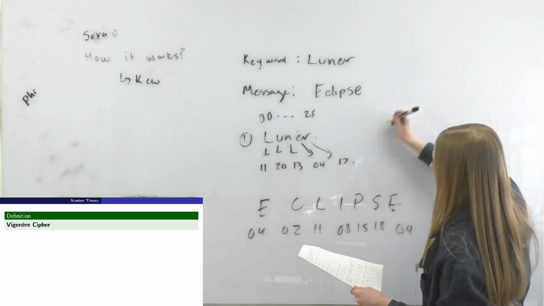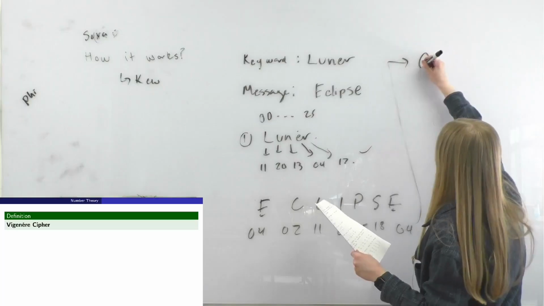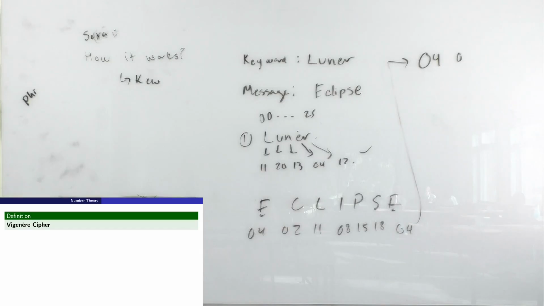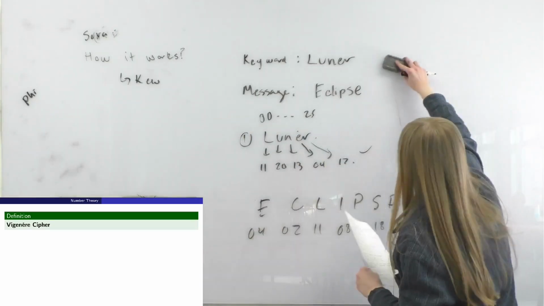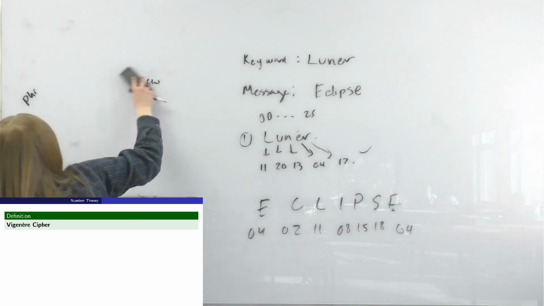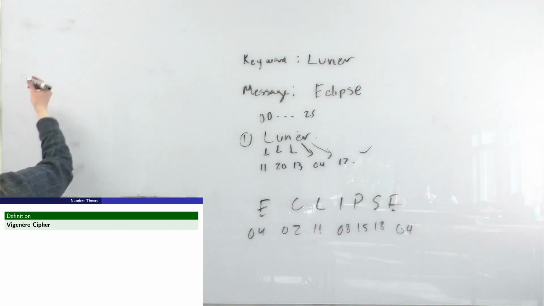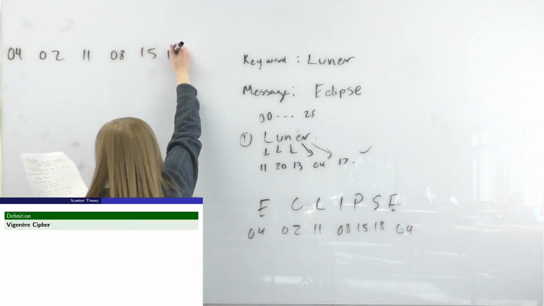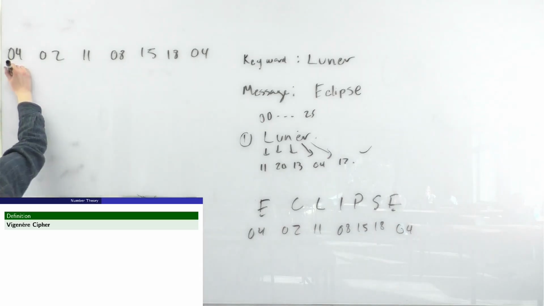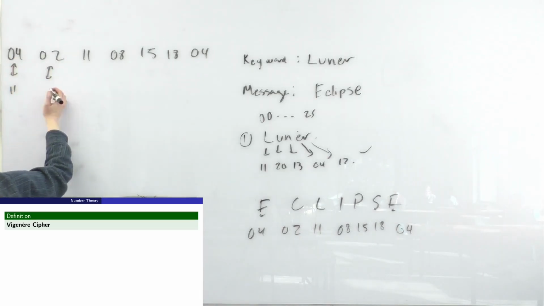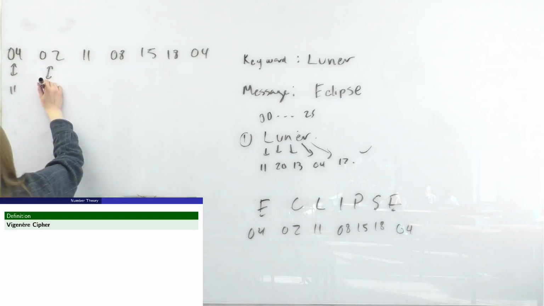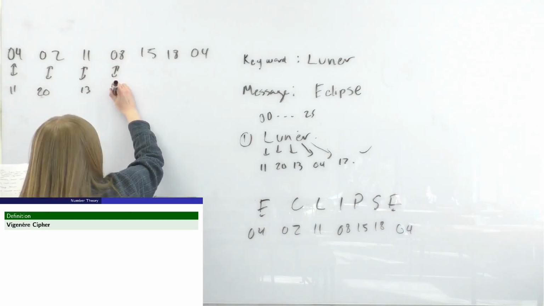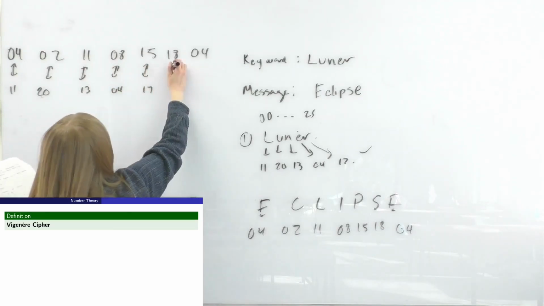So we have 04, 02, 11, 08, 15, 18, and 04. 04 goes with 11, so this is just lunar: 11, 20, 13, 0, 17.